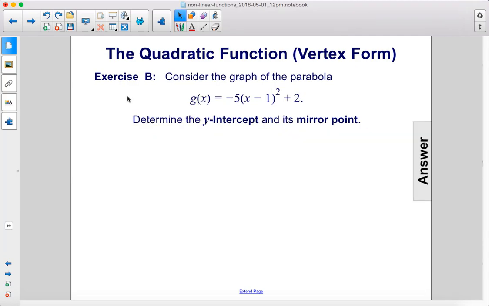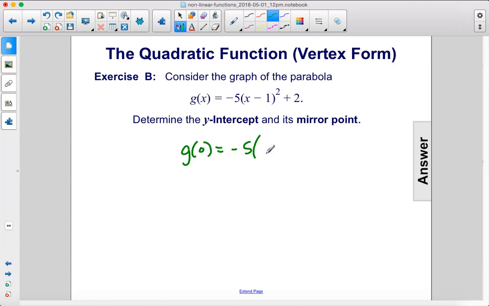Exercise B. Consider the graph of the parabola g of x equals negative 5 times x minus 1 squared plus 2. Determine the y-intercept and its mirror point. Alright, the y-intercept will be when x is 0. So we have negative 5 times 0 minus 1 squared plus 2. So we have 1 squared times negative 5, which is negative 5, plus 2, which is negative 3. So our y-intercept is at 0, negative 3.